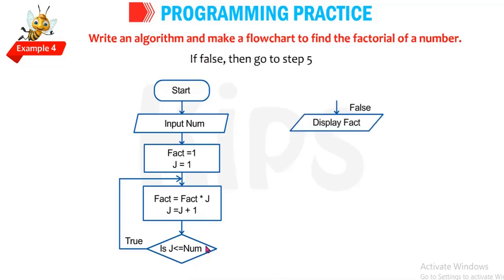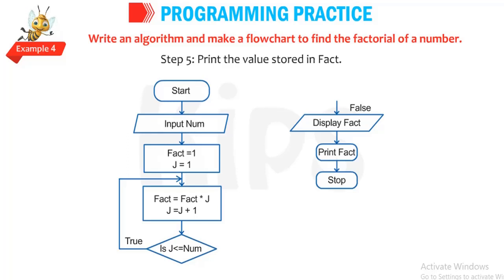If false, go down to step 5: display factorial, print the value stored in fact. Whatever is stored in fact, you get as the output.